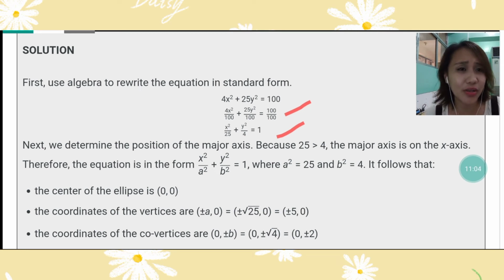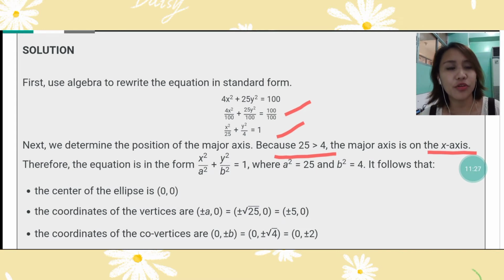Since that is now in standard form, we now determine the position of the major axis. Because 25 is greater than 4, 25 is our a squared. So the major axis is on the x-axis, meaning this is a horizontal graph.